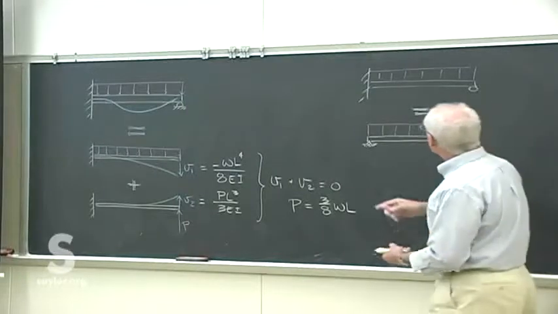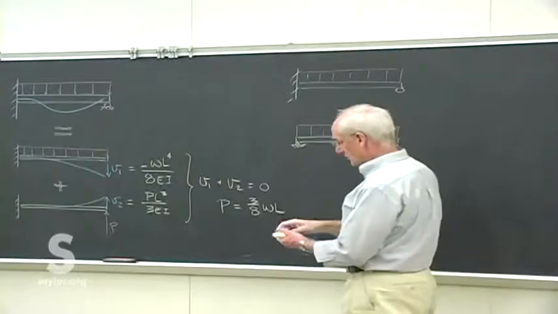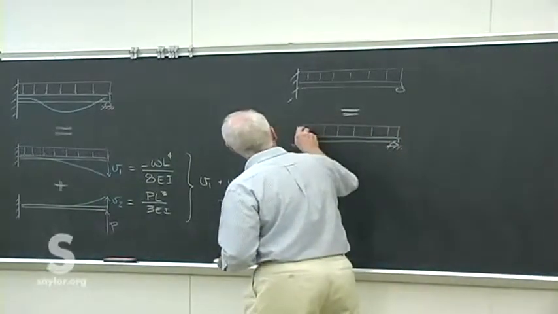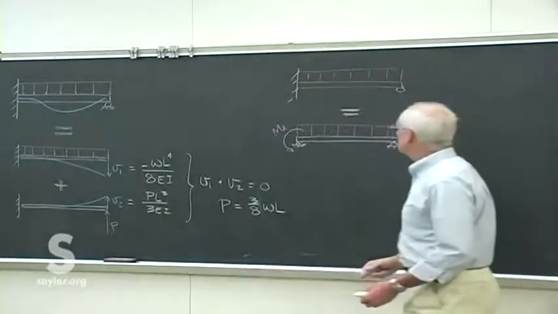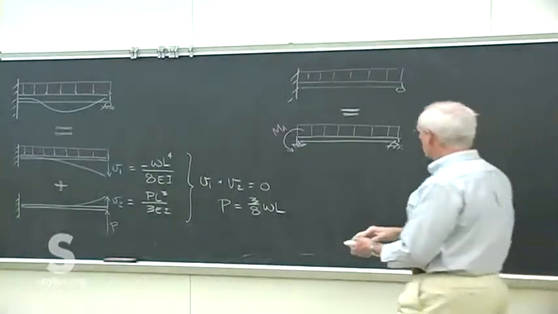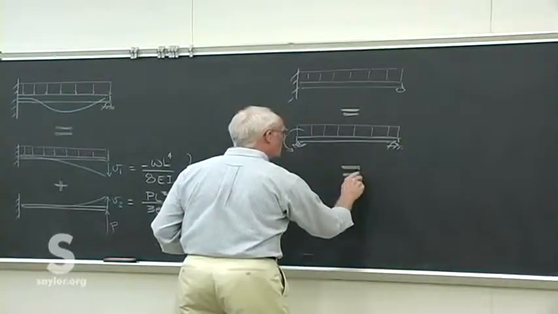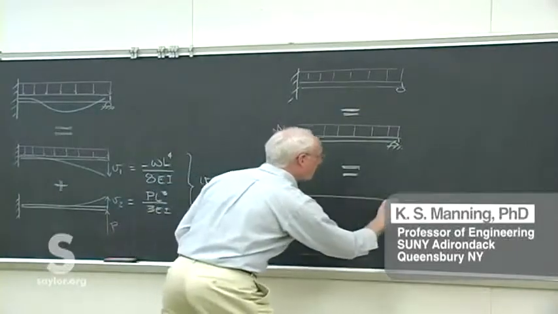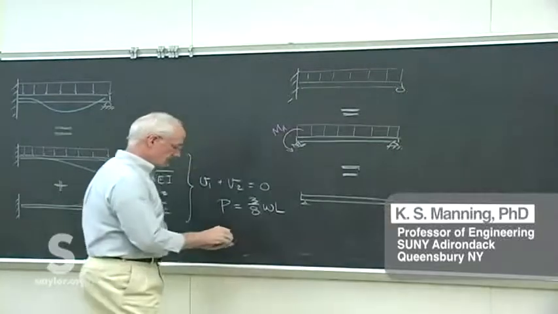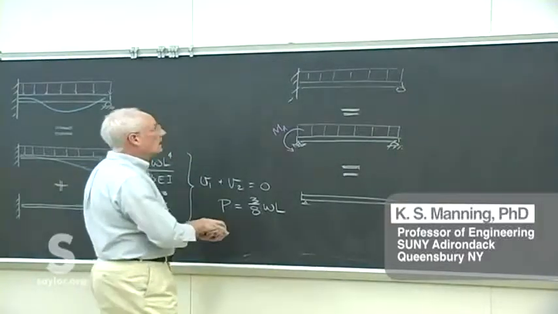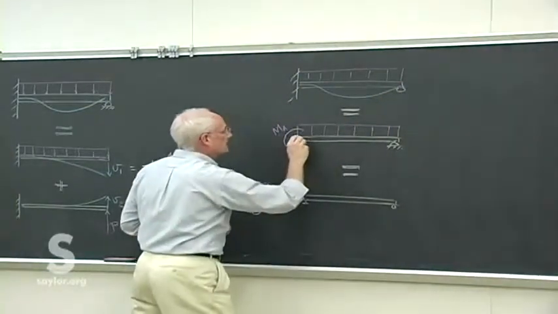However, we know that this one would have a slope at the left end, which we don't want, so we'll have to find what moment is there that will bring that back up. So that's actually itself two models, both of which we can do to get the original anticipated deflection.